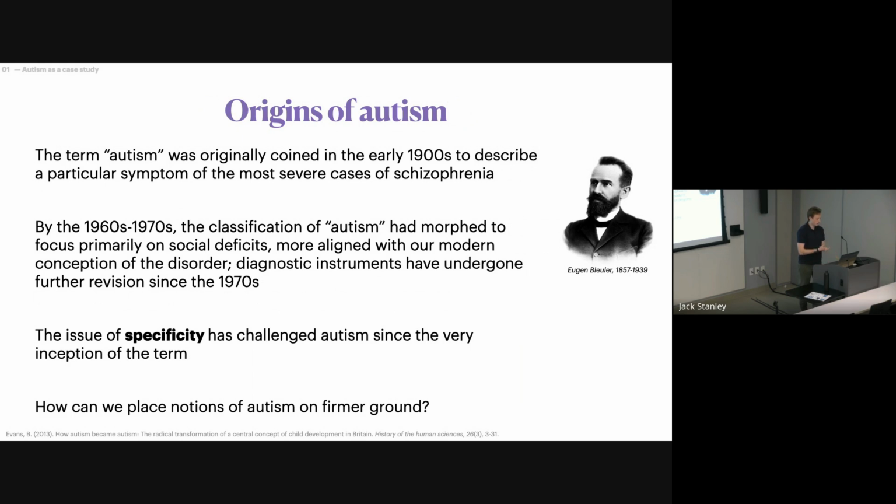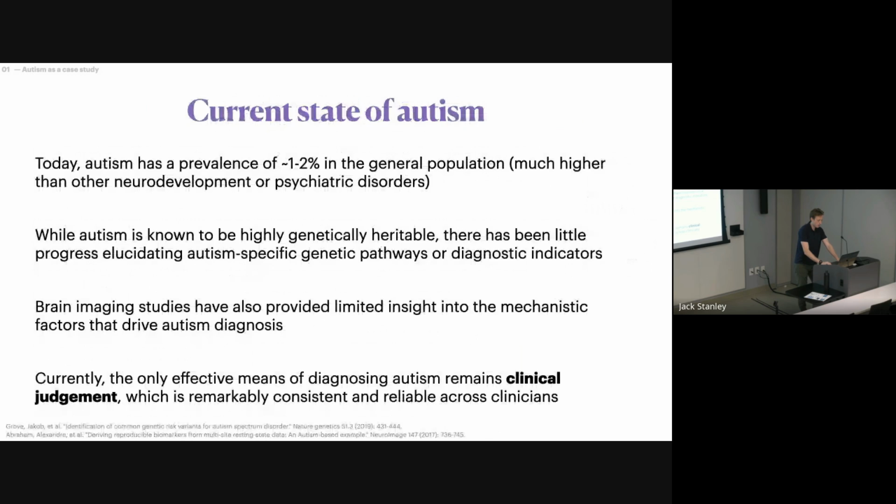So the idea in this study is really, how can we place notions of autism on a much firmer grounding? Currently, autism is very interesting to study because it has a prevalence of around 1 to 2% in the general population, which is significantly higher than other neurodevelopmental or psychiatric disorders. And interestingly, while autism is known to be highly genetically heritable, there's been very little progress in identifying autism-specific genetic pathways or diagnostic indicators or biomarkers.